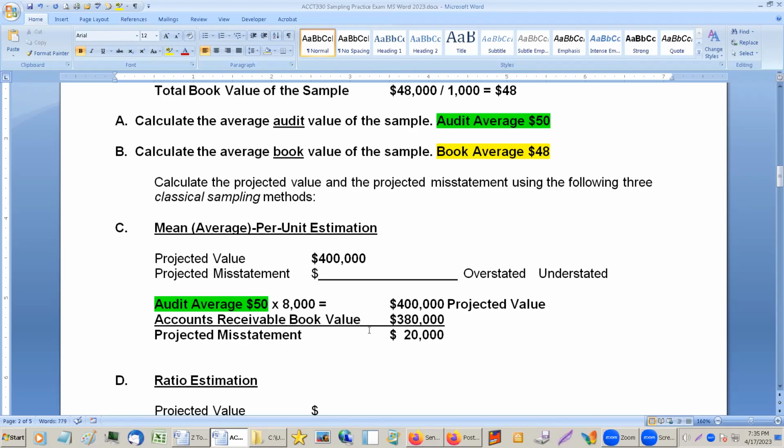Yes, exactly, you're absolutely right. It's understated by 20,000. We're saying it's 400,000. They're saying it's 380. So they're understating it.